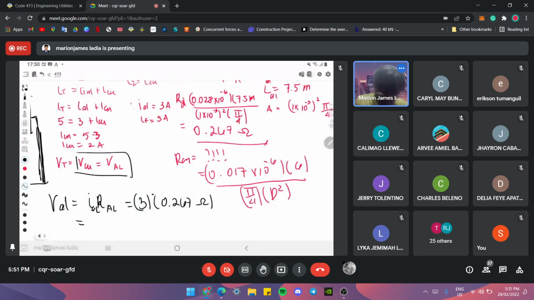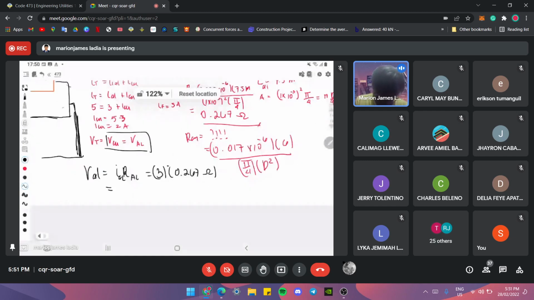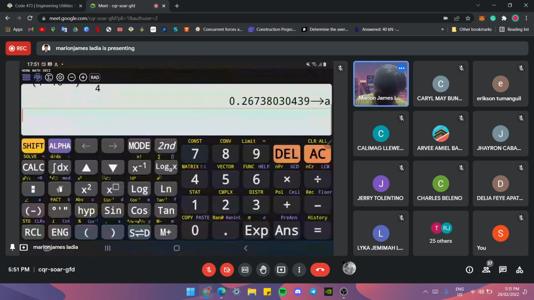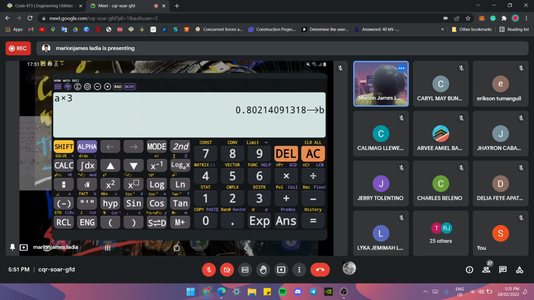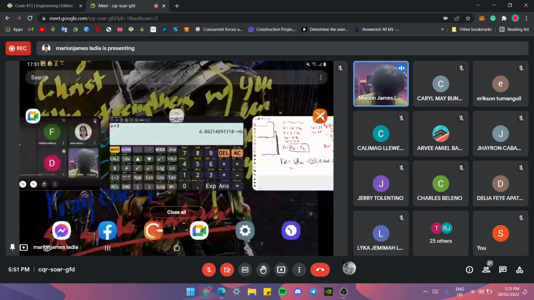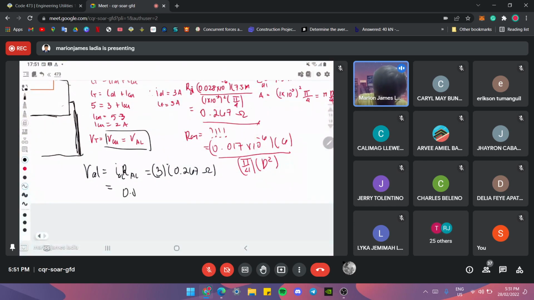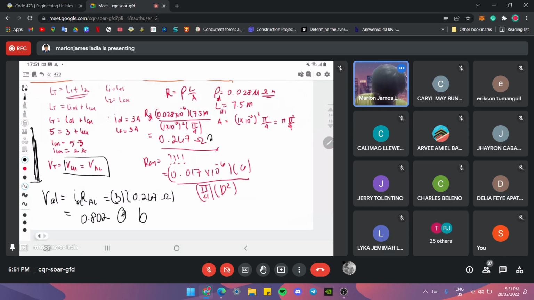Which is equal to, dito tayo, so alpha A multiplied by 3. Okay? So, equals 0.802, shift store at B. Ayan. Sagot natin kanina is 0.802. This is at B. This is at A. Siyempre, lagyan nyo din ng mga markers.